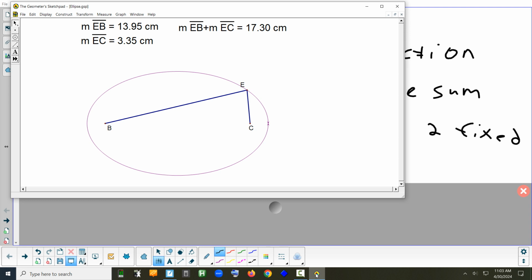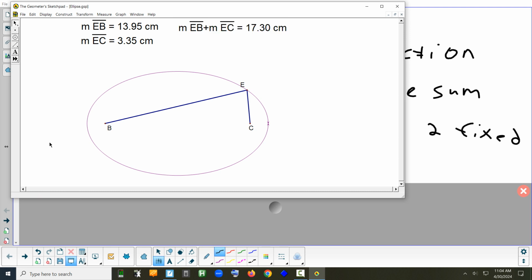As I drag point E around the ellipse, this number and that number are going to change. Okay. But the sum of those two numbers is always going to be, in this particular ellipse, 17.3. Okay, that just happens to be the number based on the size of the ellipse that I drew.